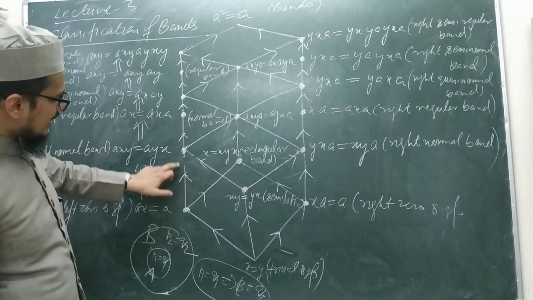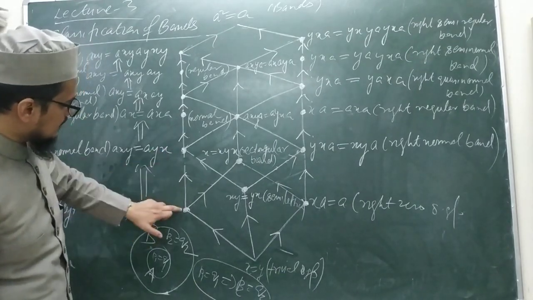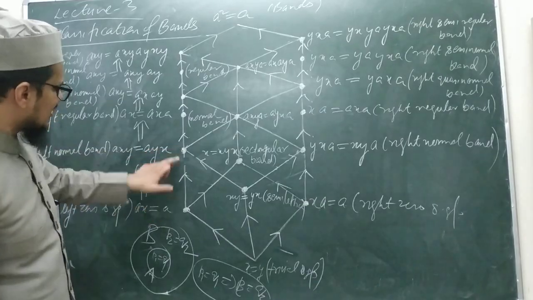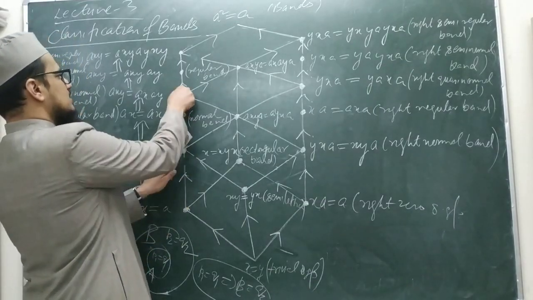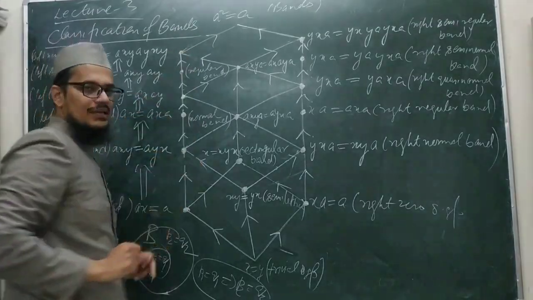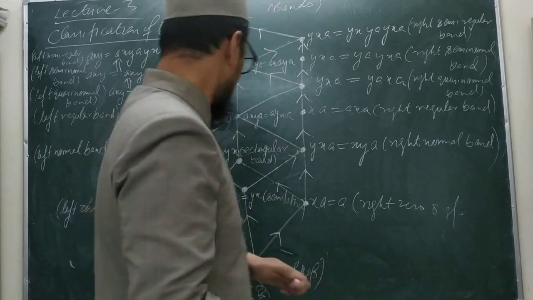See, the line joining represents that this identity implies this. See, the dots on the board are the types of bands. So this implies this implies this, this implies this implies this, like this. In a similar fashion, the dual ones are like that. Dual means what?